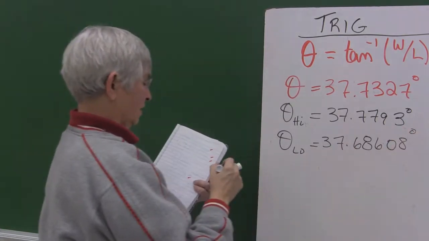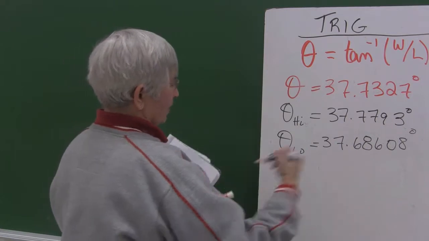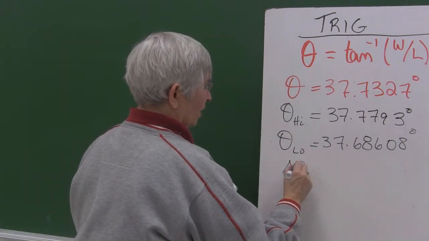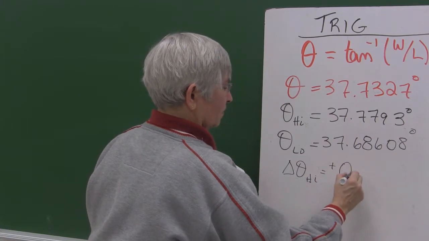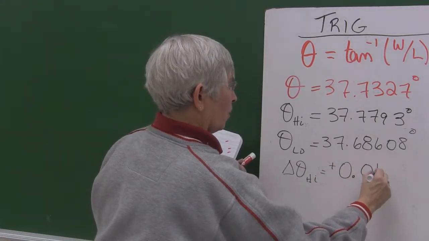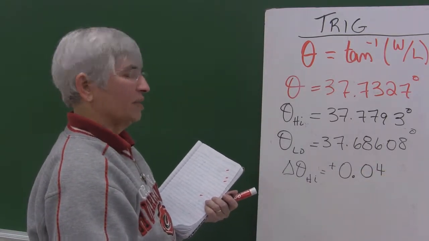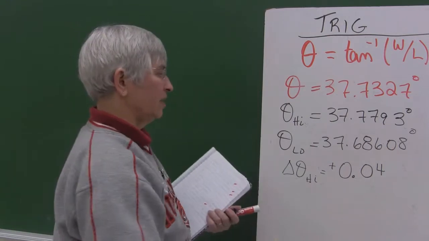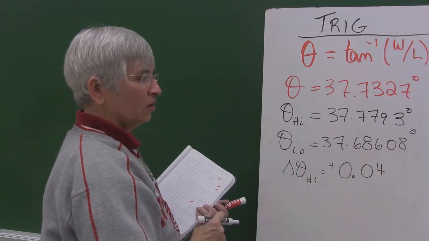And I can see that my uncertainty, the deviation from the highest value, would be 0.0465. Well, now that's a problem, because now I'm starting to tell you 3 sig figs, and in the past, the most I've ever used is 2.